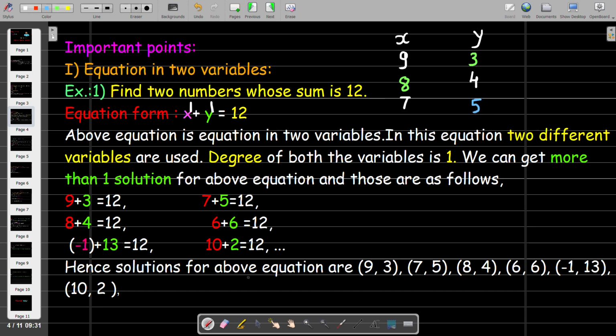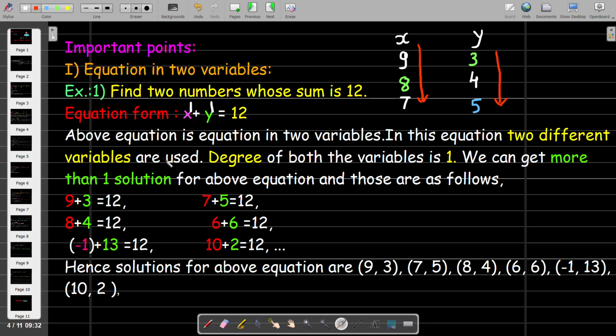What you observe here: if we decrease the value of x, then the value of y increases. Hence, solutions for the above equation are (9, 3), (8, 4), (7, 5), (6, 6), (-1, 13), (10, 2), and so on.